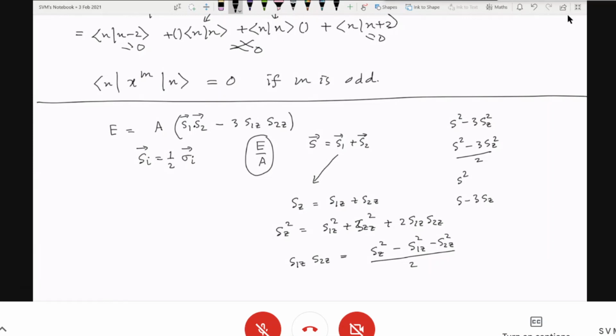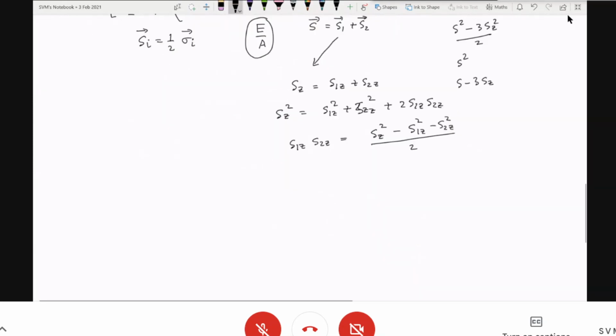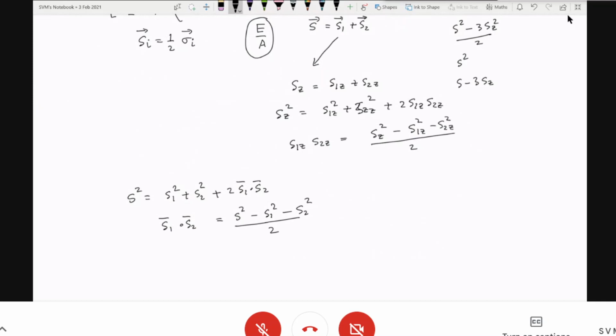The other case is when you write down S square, it will be S1 square plus S2 square plus 2 times S1 dot S2. So S1 dot S2 can be written as S square minus S1 square minus S2 square, divided by 2.